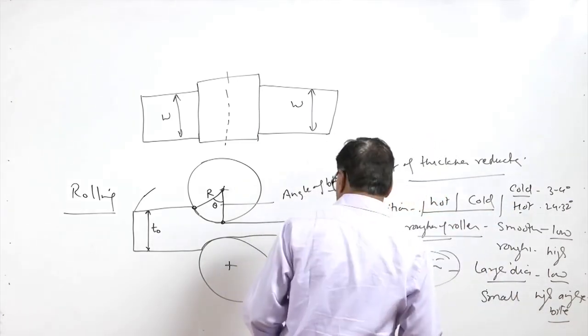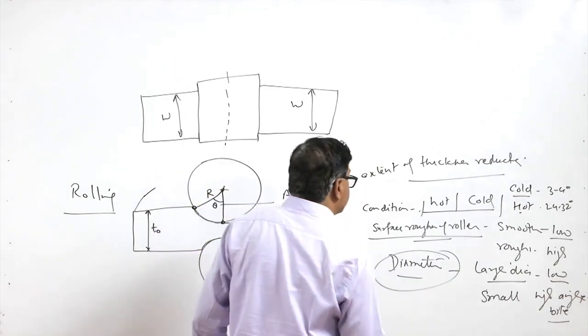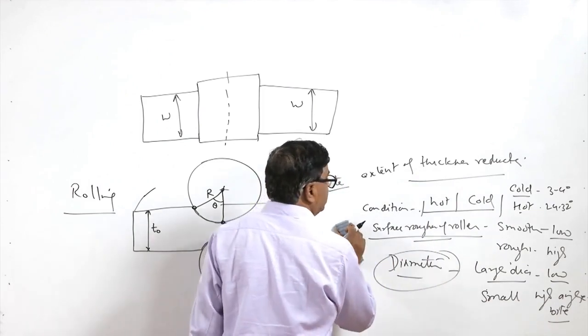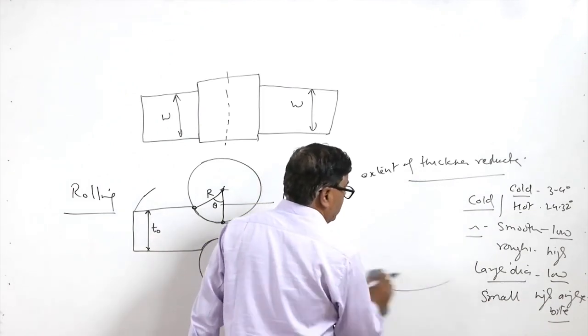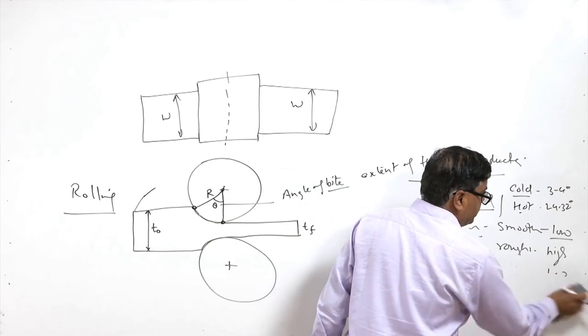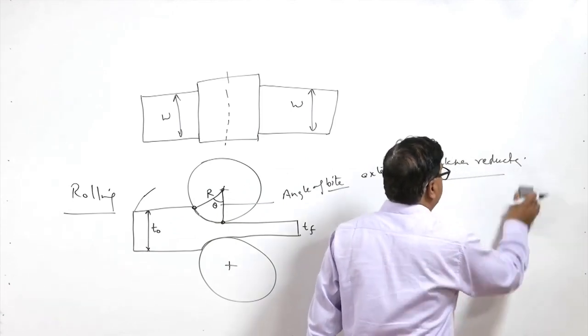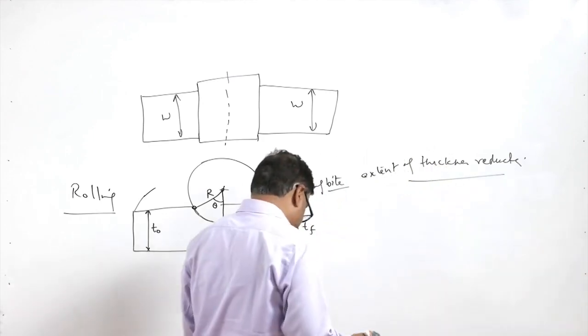These are the factors governing the angle of bite, which eventually determines the extent of the reduction during rolling.